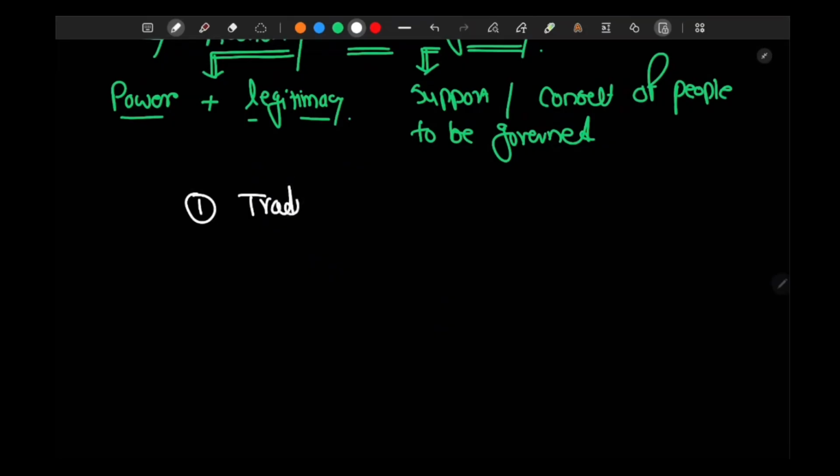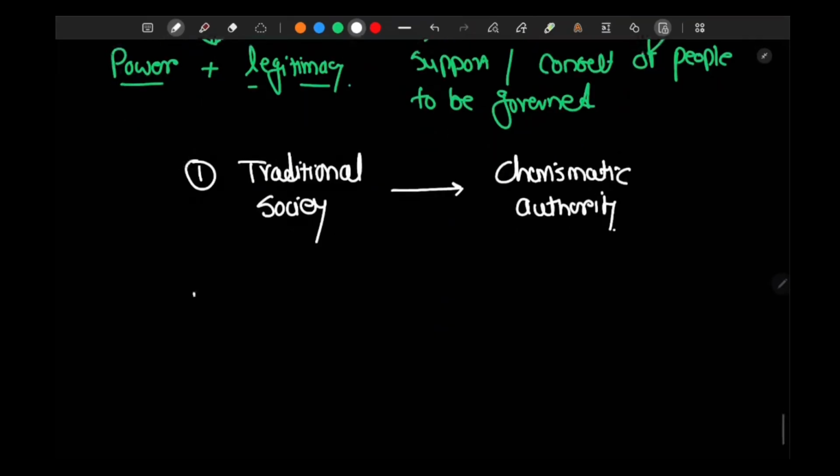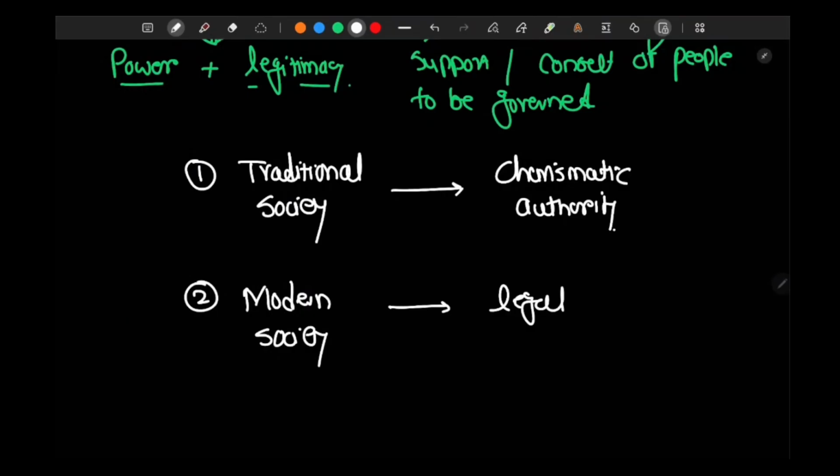He has said, if society is traditional society, then in such traditional society authority will be charismatic. If society is modern society, authority will be legal authority.